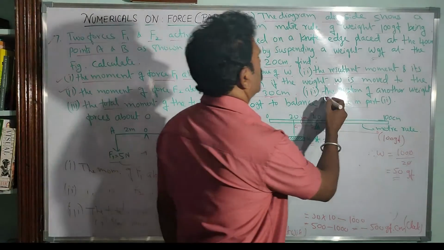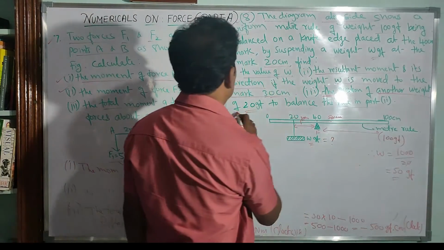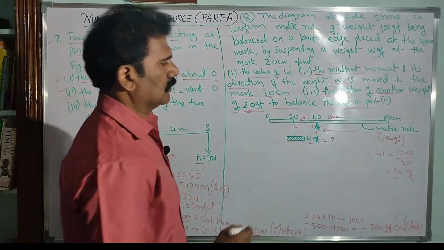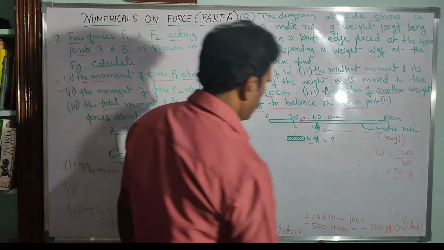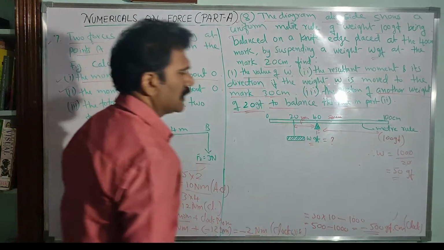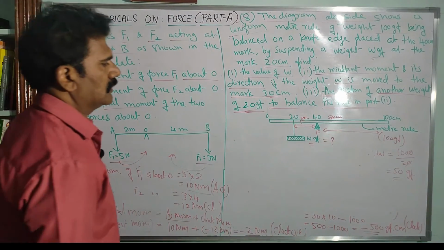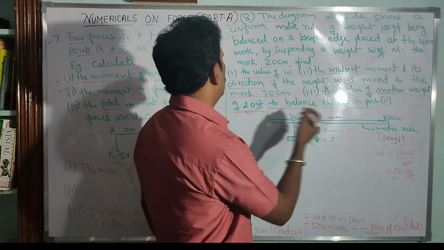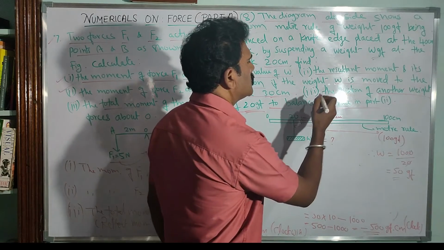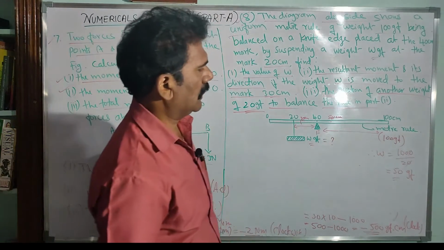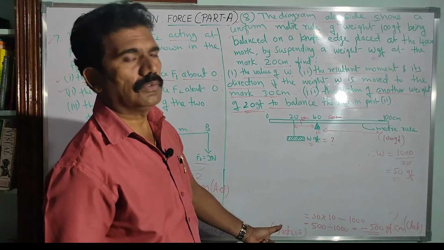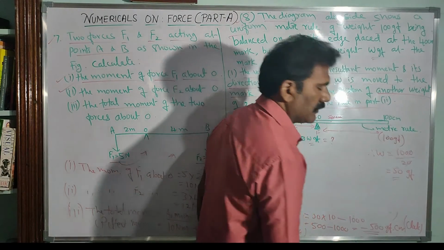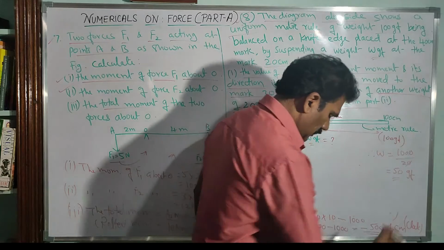Now let us see the third part. In the third part you see the position of another weight 20 GF to balance the rule as per part 2. In part 2 the resultant moment we got is minus 500 GF centimeter. So that should be considered here. As per part 2, the resultant moment indicates that we have 500 GF centimeter as the resultant moment in the clockwise direction.